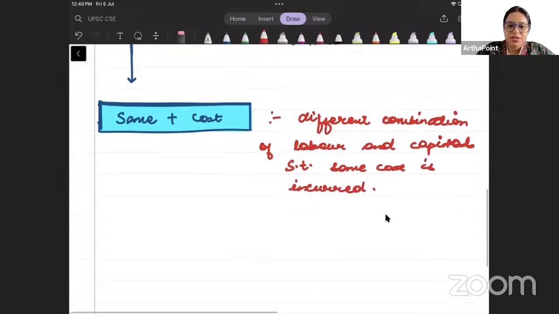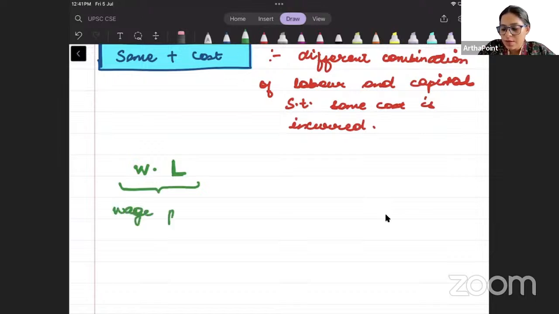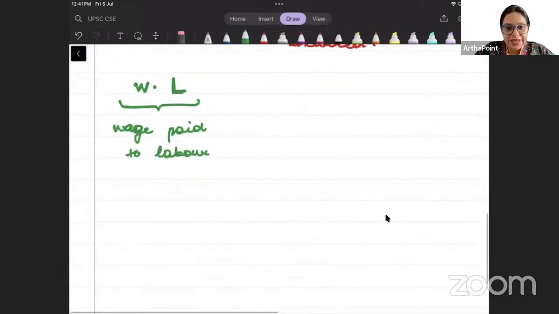Take an example, beta. Suppose I am employing L units of labor. Each unit of labor takes a wage rate of W. So W into L represents the wage paid to labor.